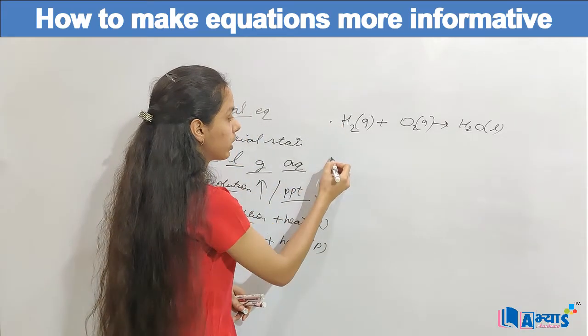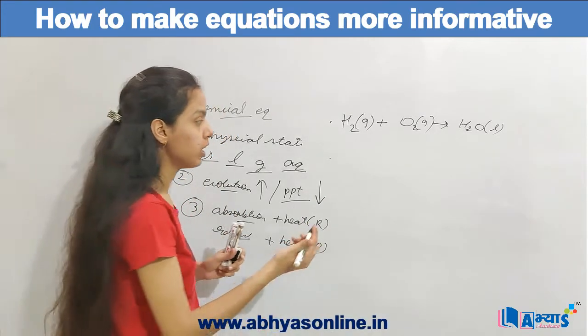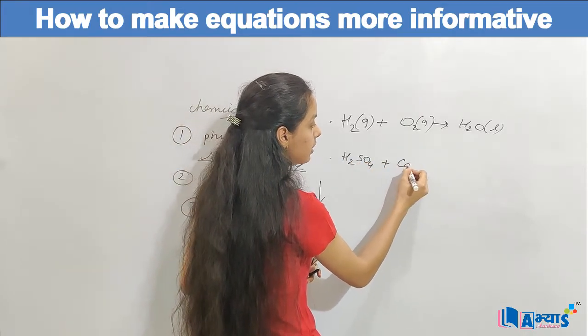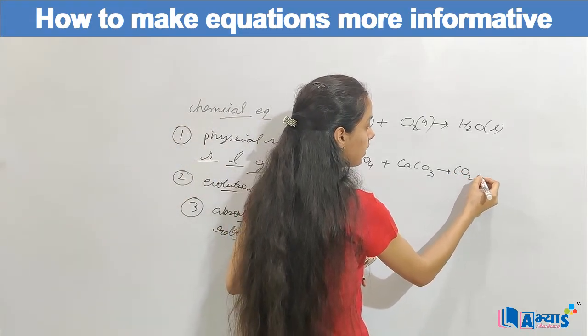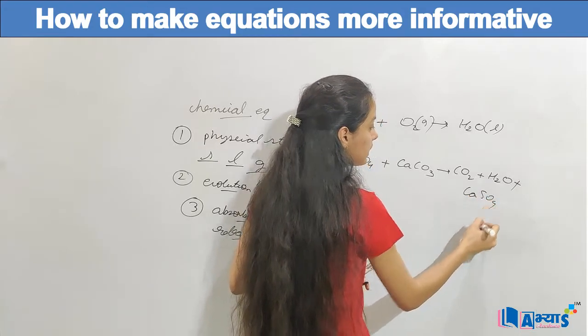Now let us take one more example. If I am reacting sulfuric acid with calcium carbonate, it will be H2SO4 reacting with calcium carbonate, and this will give carbon dioxide, water and calcium sulfate.